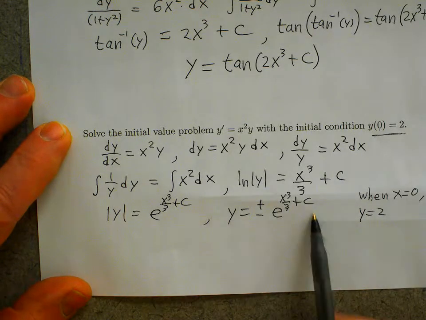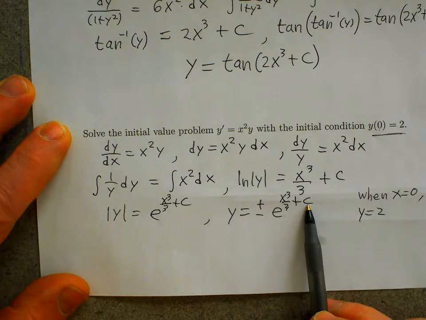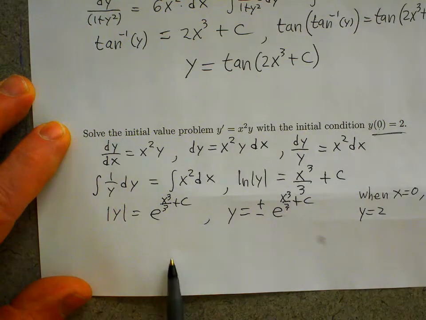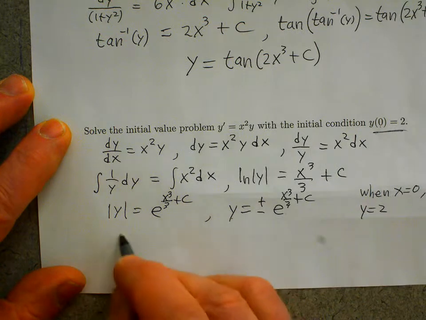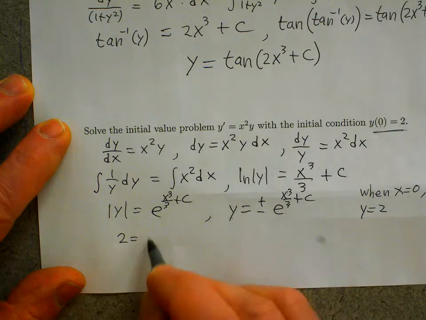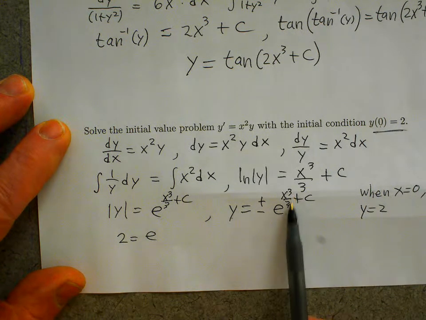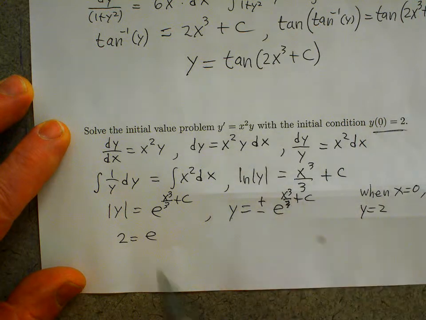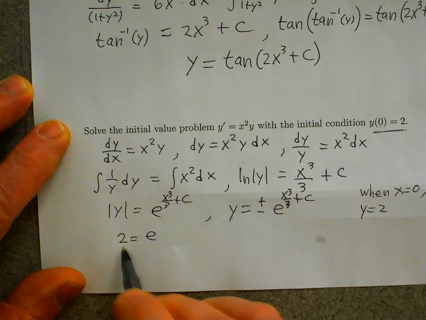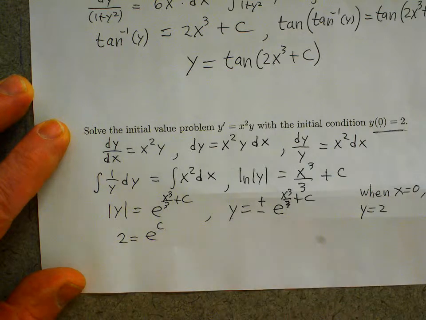But anyway, we need to determine what the value of c is. So replace y with 2, replace x with 0. So 0 to the third divided by 3 is 0, and we just get 2 equals e to the c.